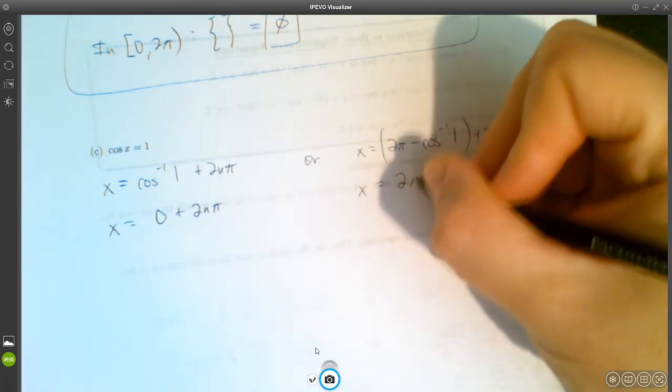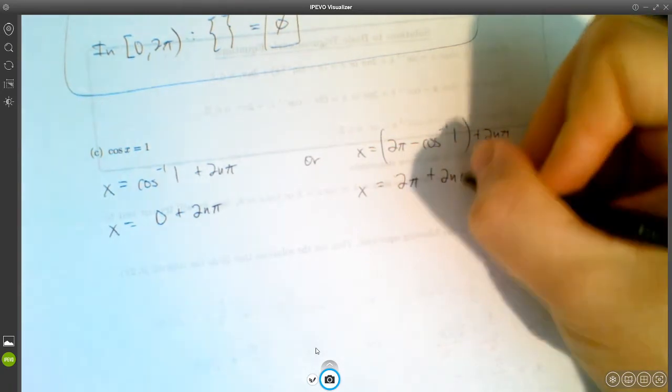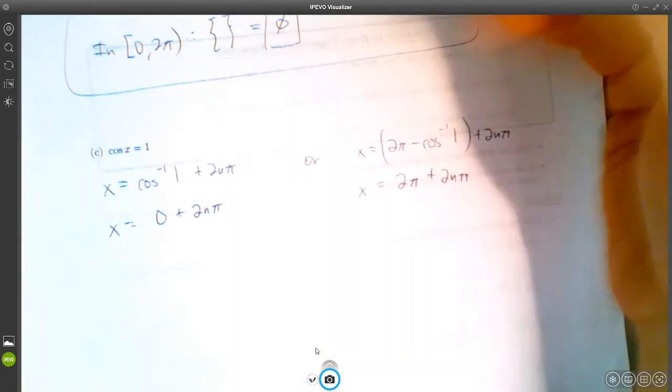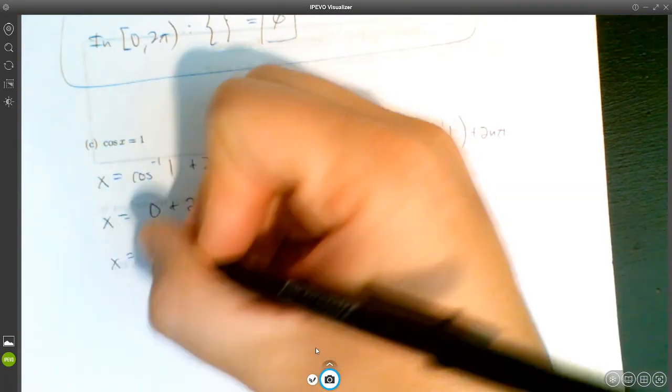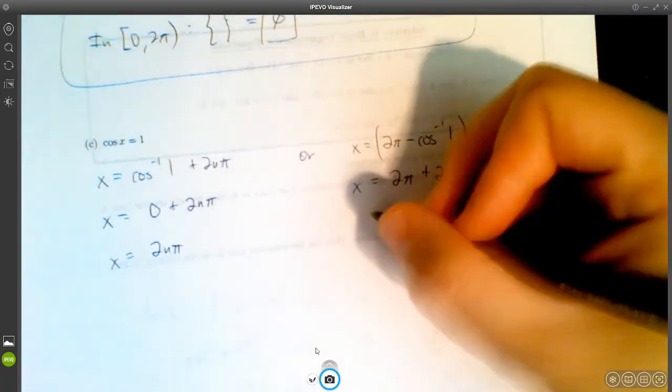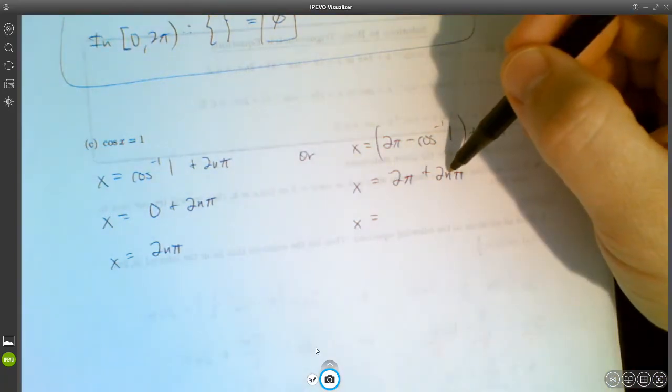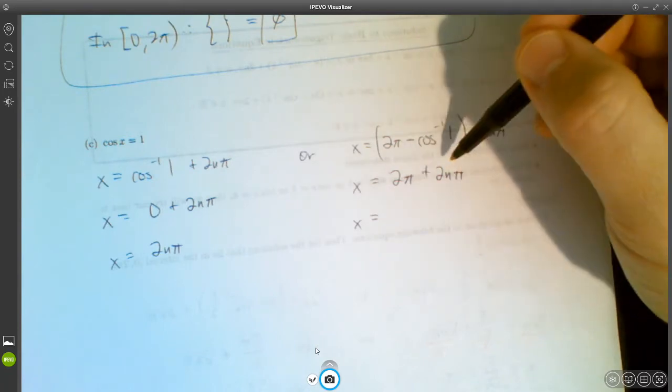So in other words, just 2 pi plus 2n pi. Now, let me take this one step further, right? So this is going to be 2n pi. This one would be 2n plus 1 times pi.